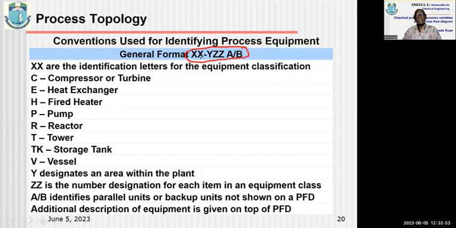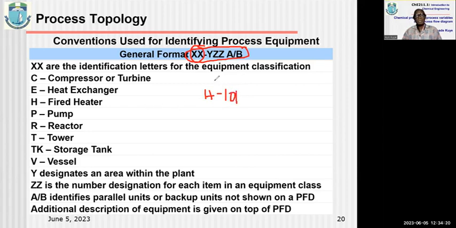You will see it will be represented as this, where your XX is a letter identifying the equipment classification, which can be C, E, and so on and so forth. And that was why in the other you saw something like H101.